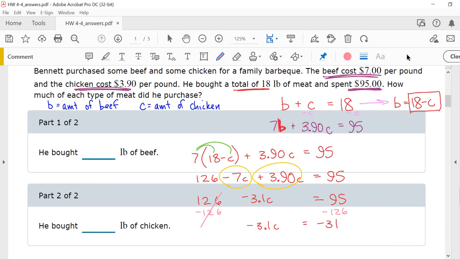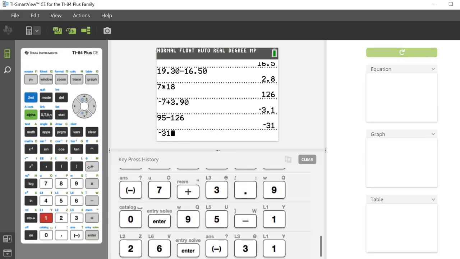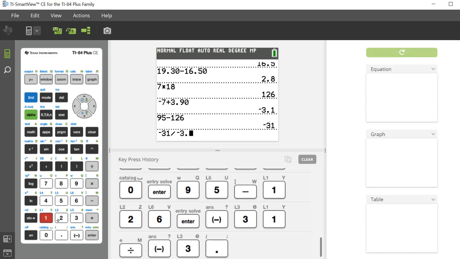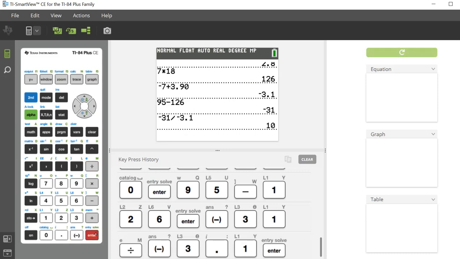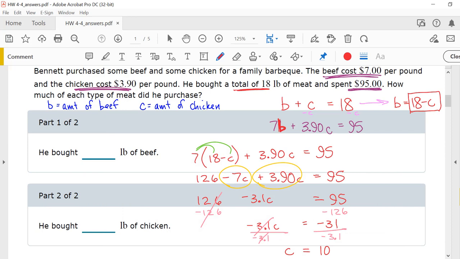Dividing both sides by negative 3.1, I get C equals negative 31 divided by negative 3.1 is 10. So the amount of chicken I need is 10 pounds.